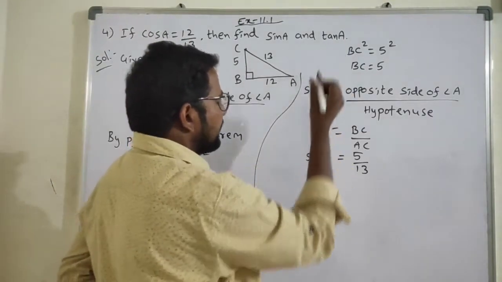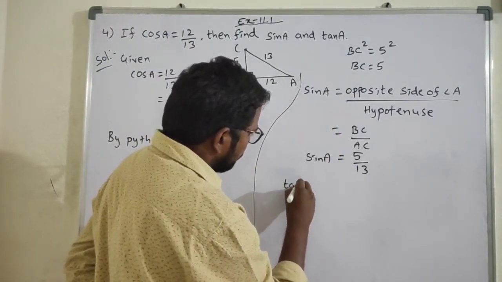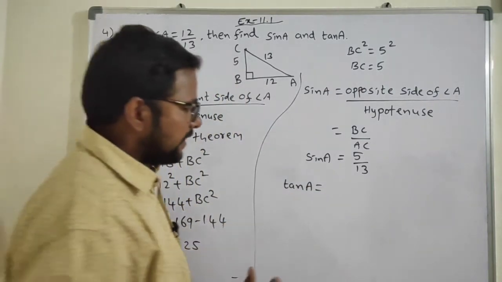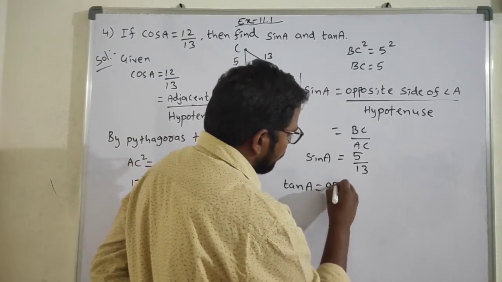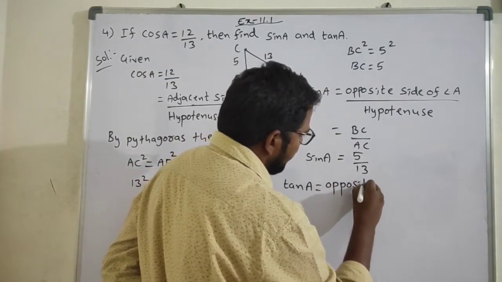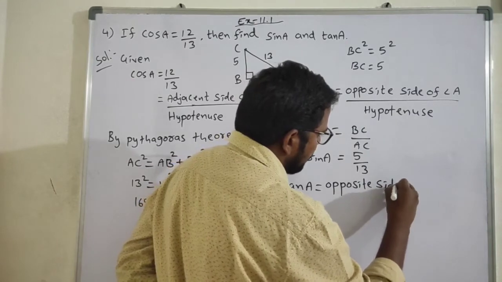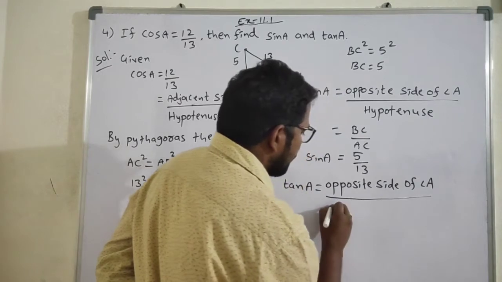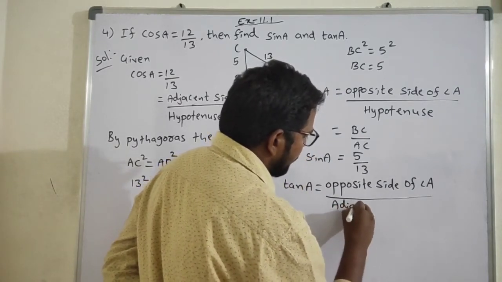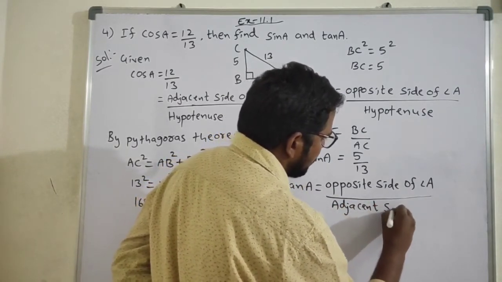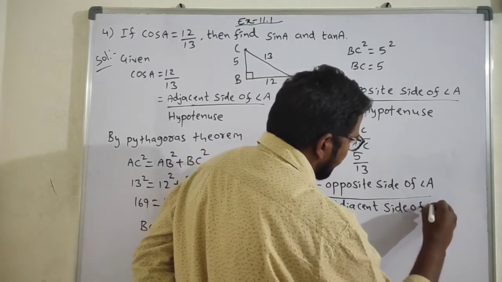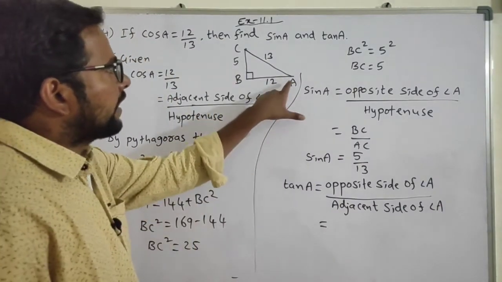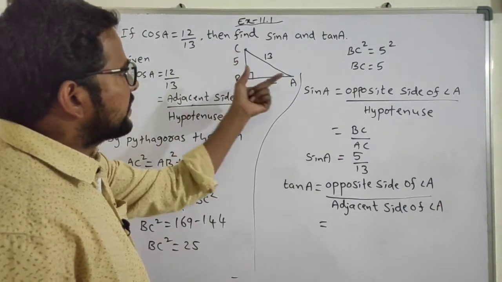Next, find tan A. What is tan theta? Opposite side by adjacent side. Opposite side of angle A by adjacent side of angle A. The opposite side of angle A is BC and the adjacent side is AB.